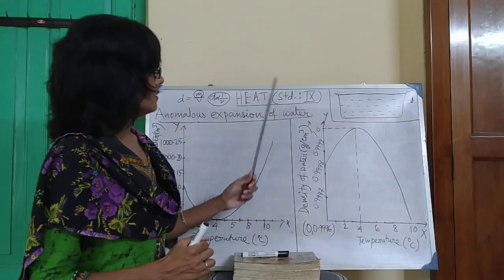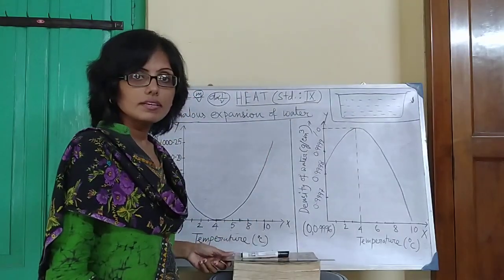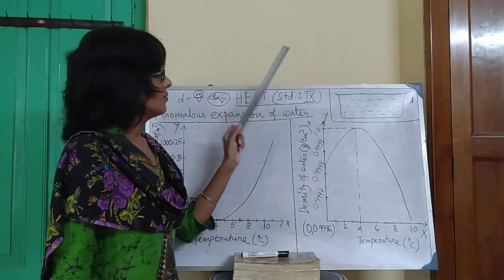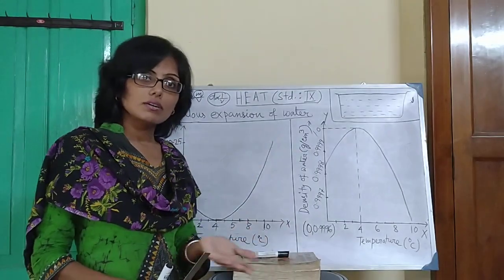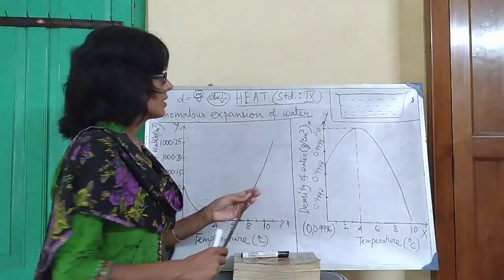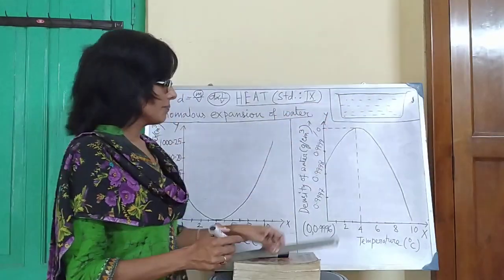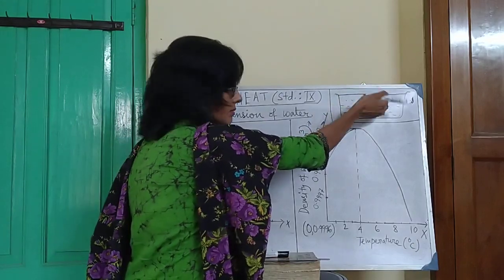There are some advantages of anomalous expansion of water. In extremely cold places, during winter, the fish etc. can survive in the pond. How? Consider it is a pond, upper surface of water, and this is atmosphere.